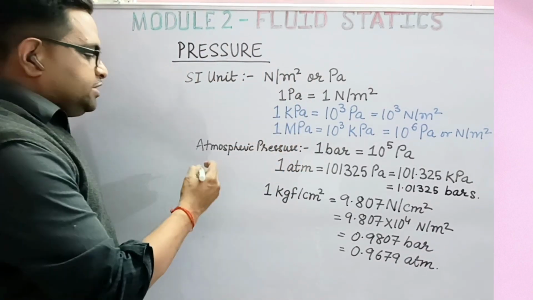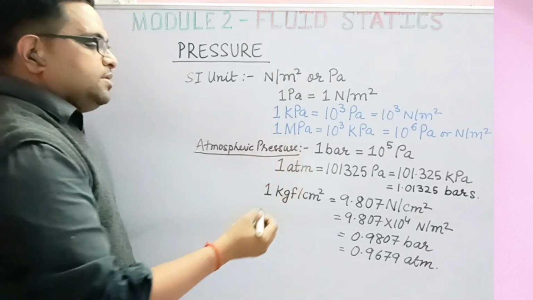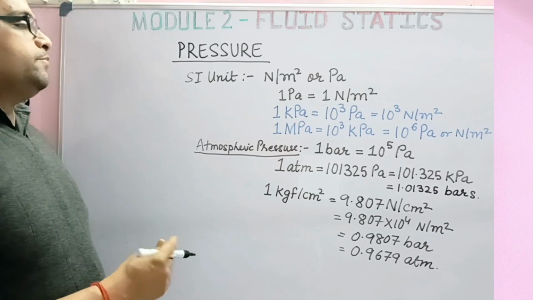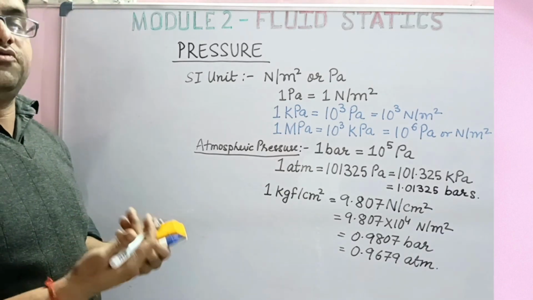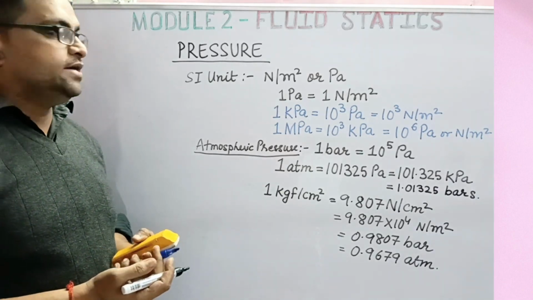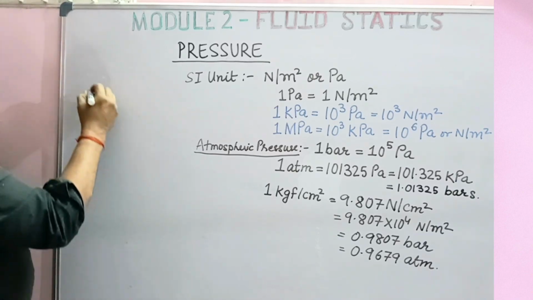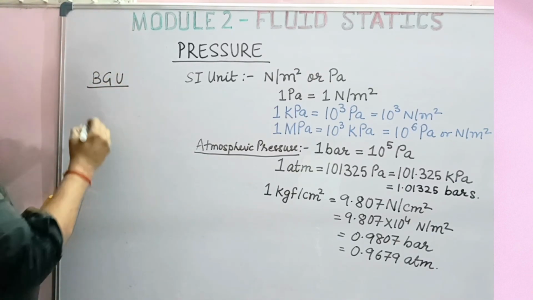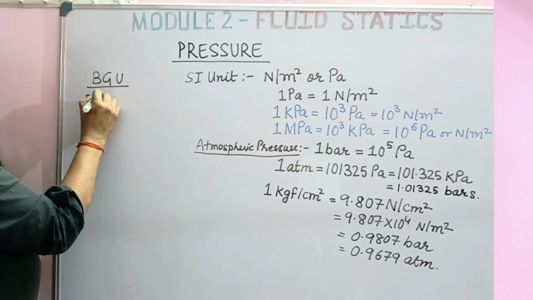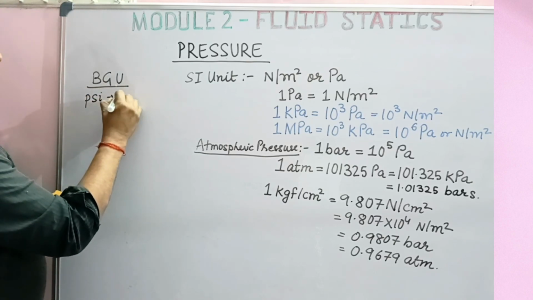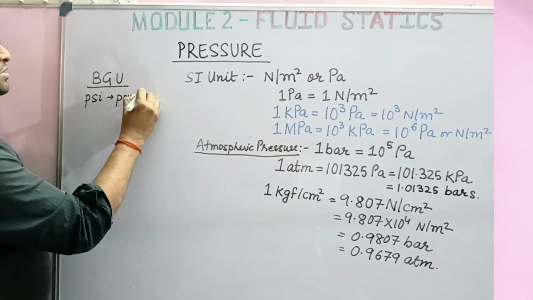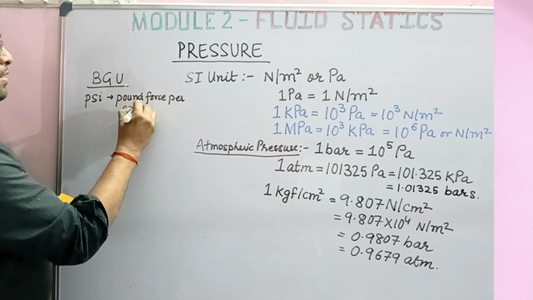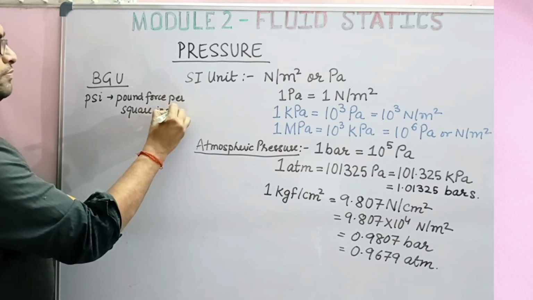So these are the various units of atmospheric pressure that we will generally encounter in various numericals that we will be solving. Beyond this, we have some more systems of units such as the British gravitational units, and in the British gravitational unit, the most common unit is PSI, which stands for pound force per square inch.